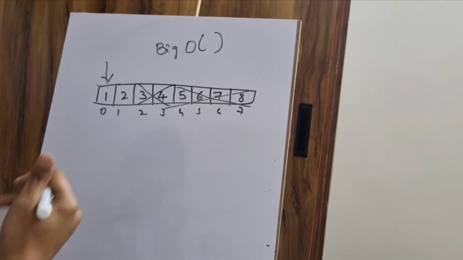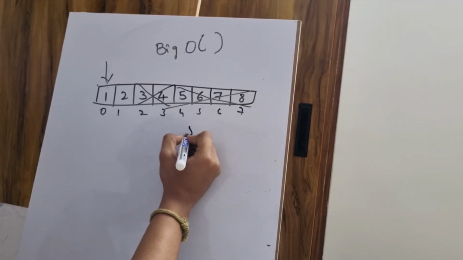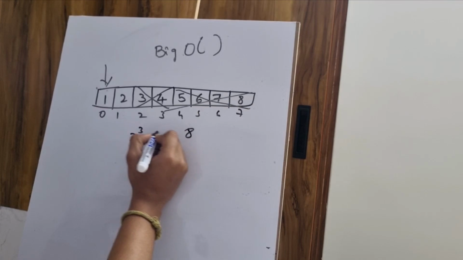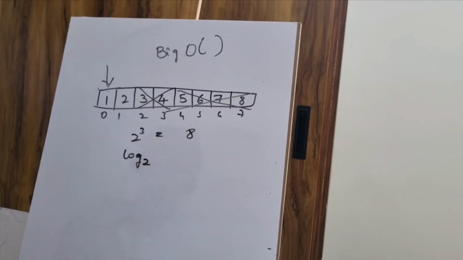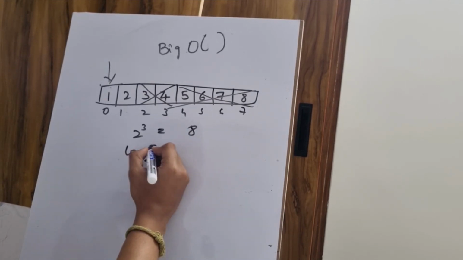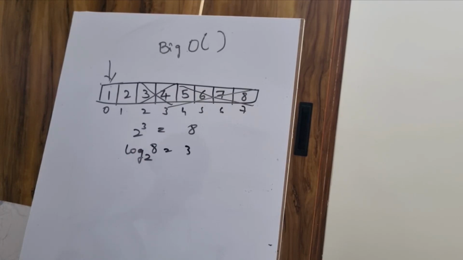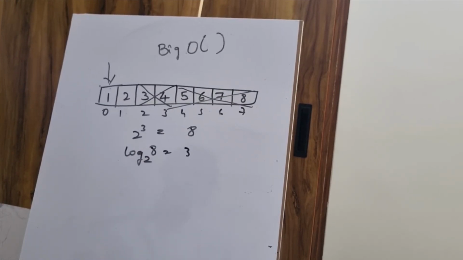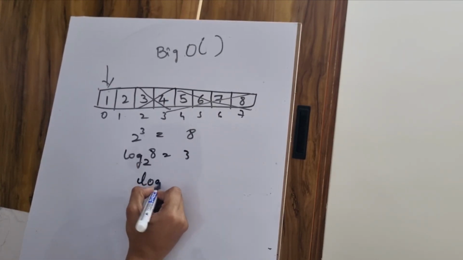So log base 2 of 8 is equal to 3, when the indexes were 8. So the time complexity of this particular algorithm is log n.